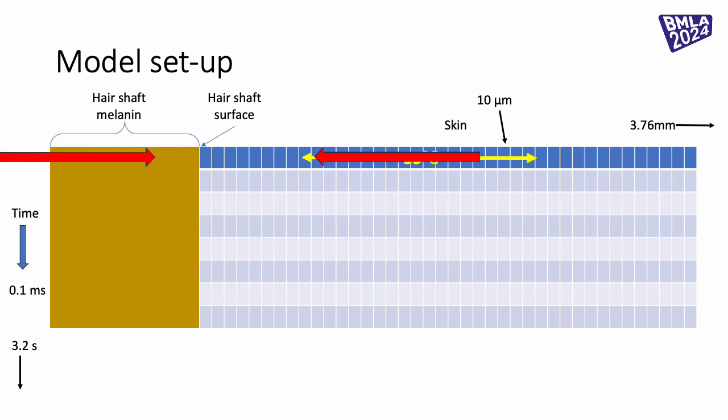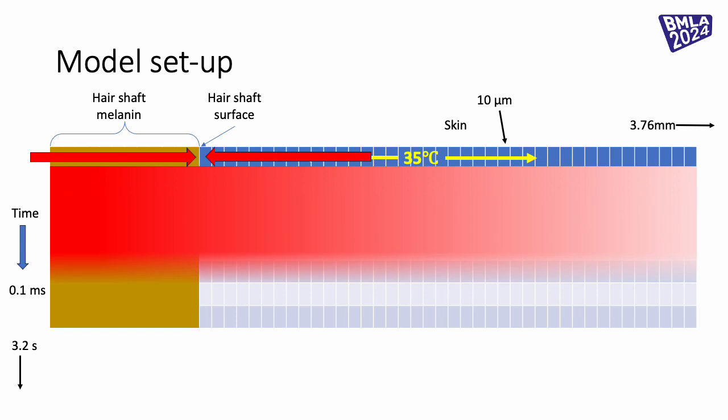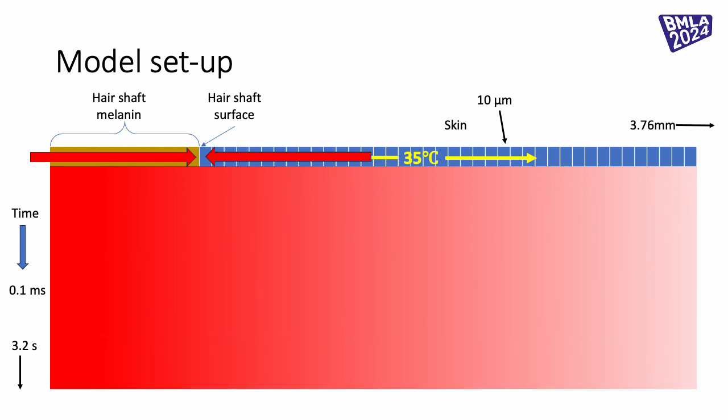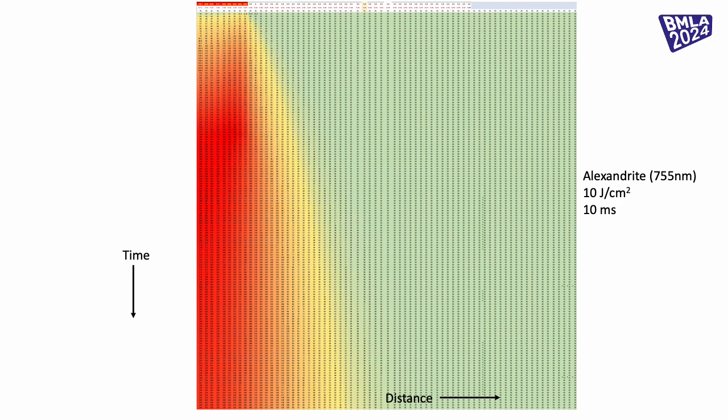So the idea is that the melanin is heated up by the light energy. That then generates a temperature profile which we can watch as it evolves over time. This is a snapshot from one of those runs with an alexandrite laser at 755 nanometers, fluence of 10 joules per square centimeter in a 10 millisecond pulse.